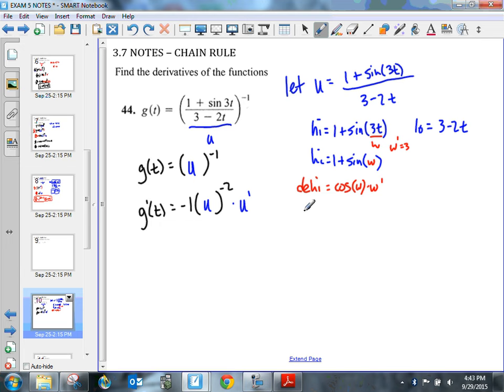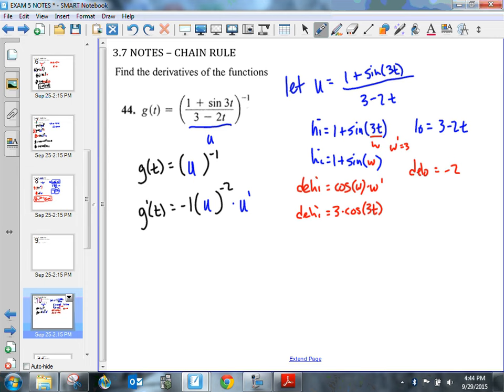So my d high is 3 times cosine of w, and w is 3t. I do have to use the chain rule because we don't have a rule for sine of 3t. If it's anything other than just a t or a variable, then I have to use the chain rule here. Now let's do the derivative of low, d low, and we just get negative 2.